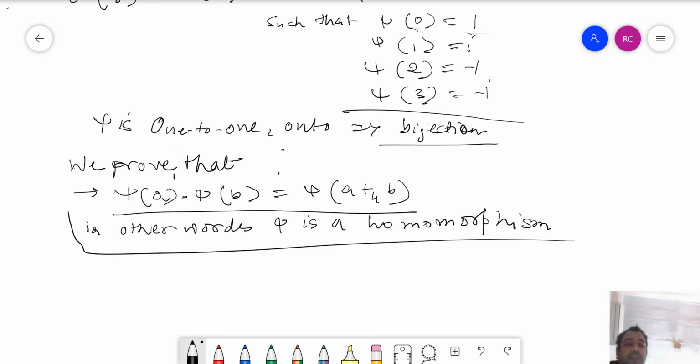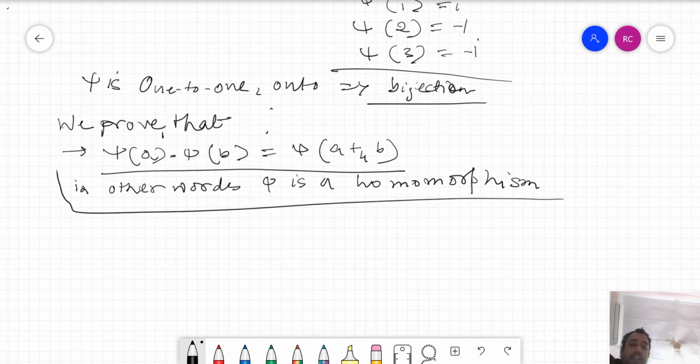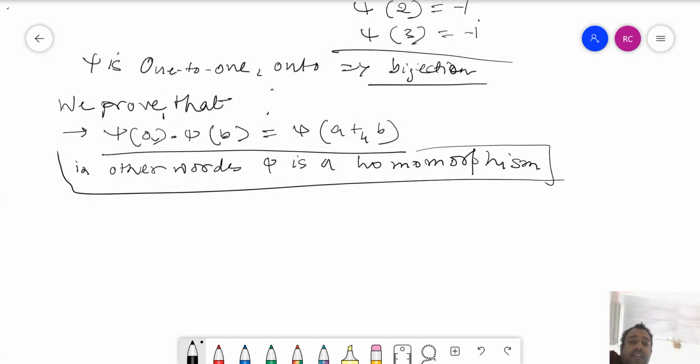This is to be proved, okay? And the manner in which we prove it is that this holds for all a, b belonging to G.